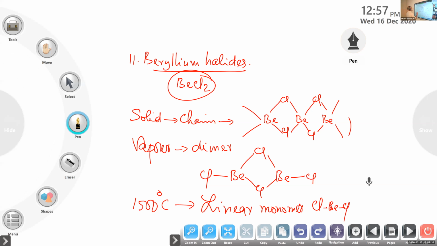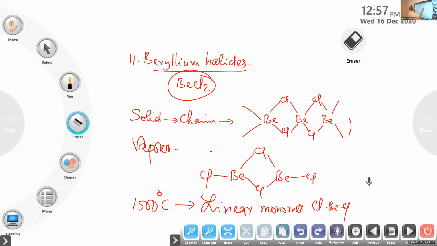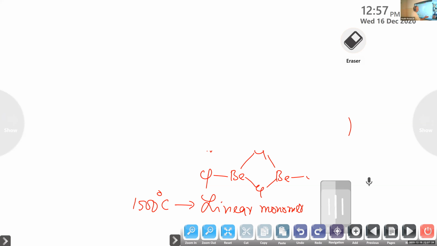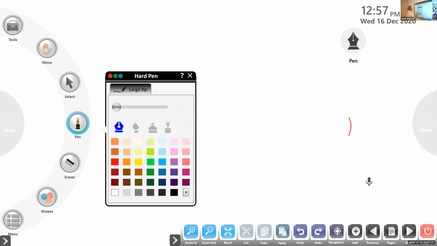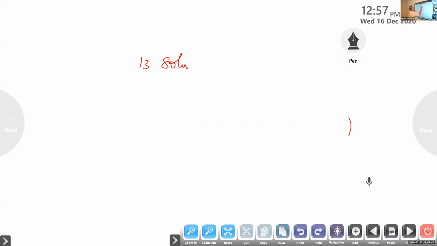The solubility of the sulfates of group 2. That is point number 12. How do the sulfates vary in their solubility in water?